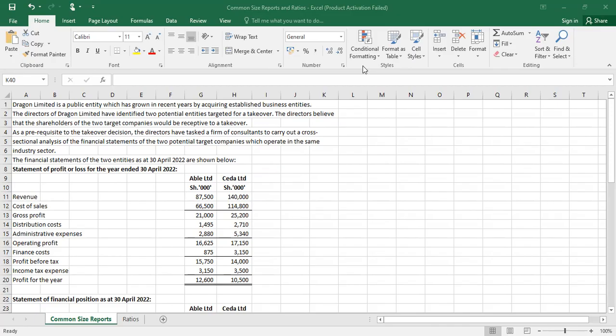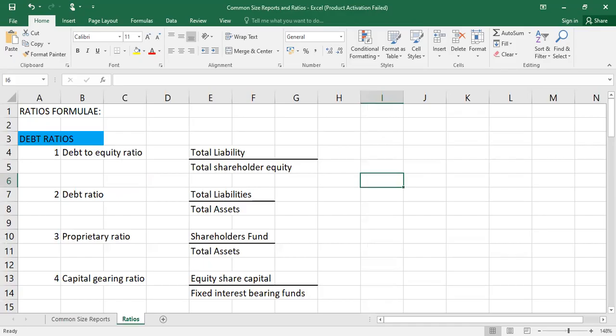Now, that Excel has 2 sheets. One is titled the common size reports, and then what I've called ratios.